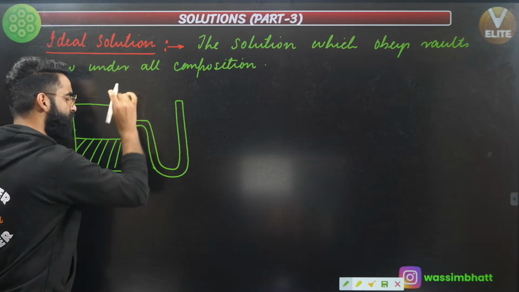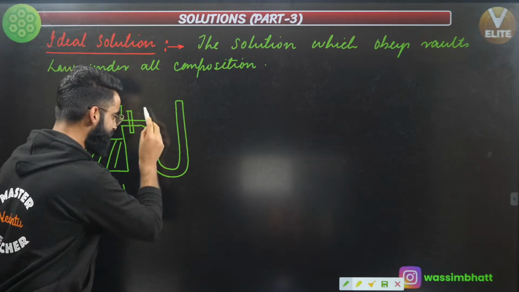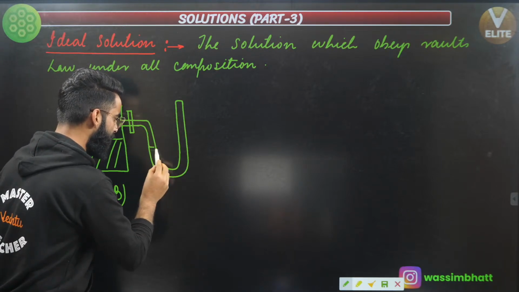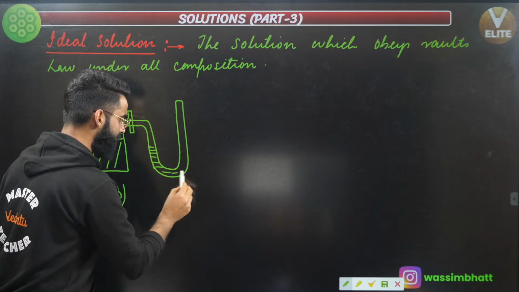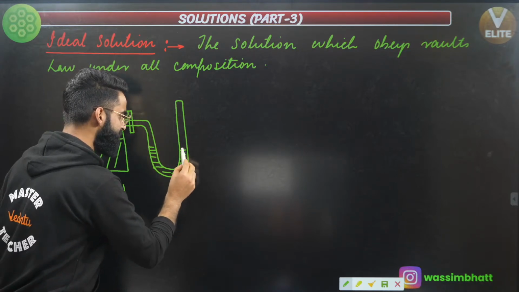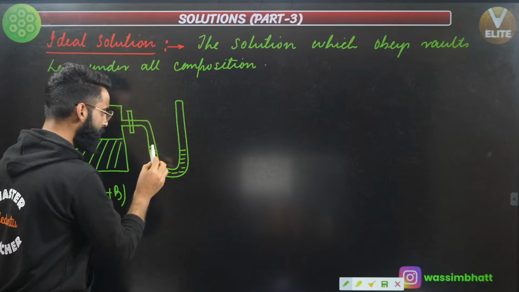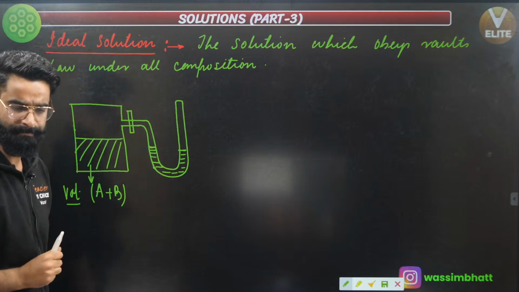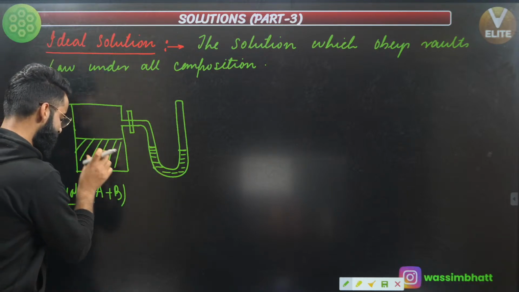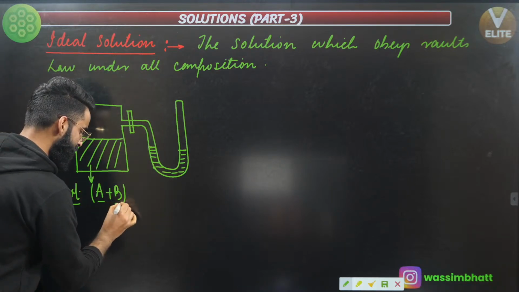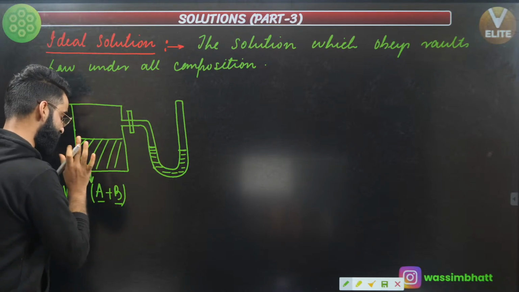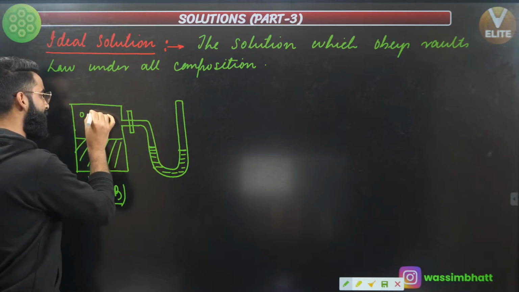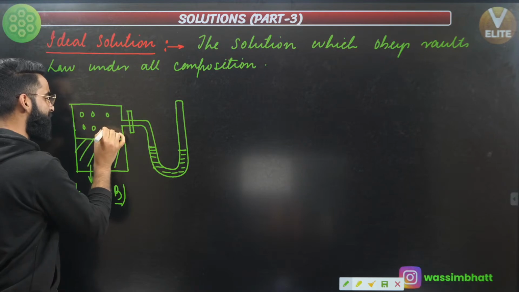In this manometer, we have got mercury filled, correct? Since the stopcock is closed right now, the level of mercury in both the limbs will be the same. Now people, since the solution contains the volatile liquids A and B, since A is volatile as well as B is volatile, over here you'll be having the vapors of both A and B, correct?